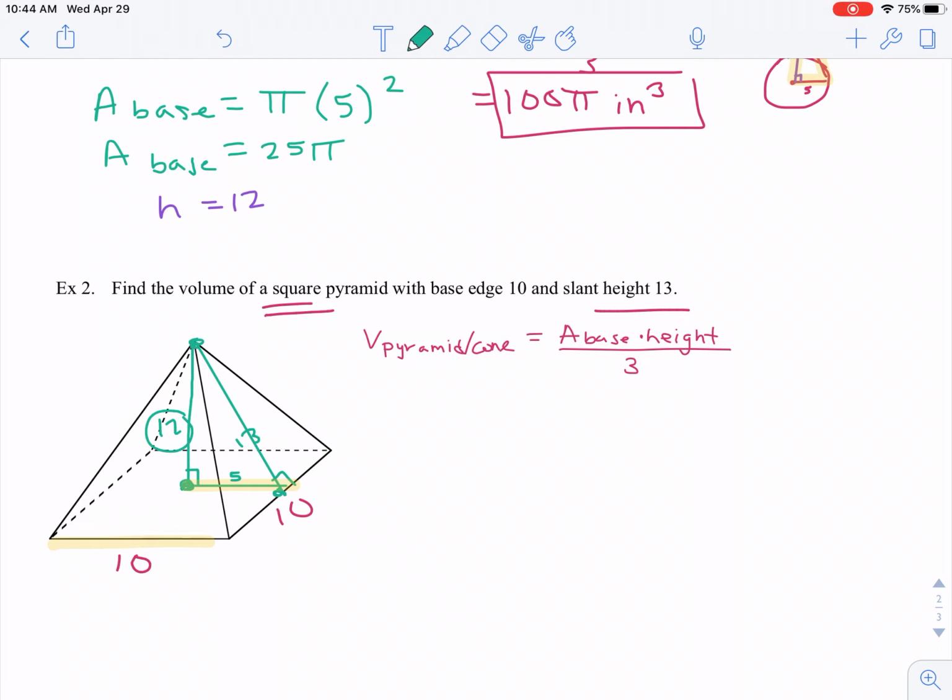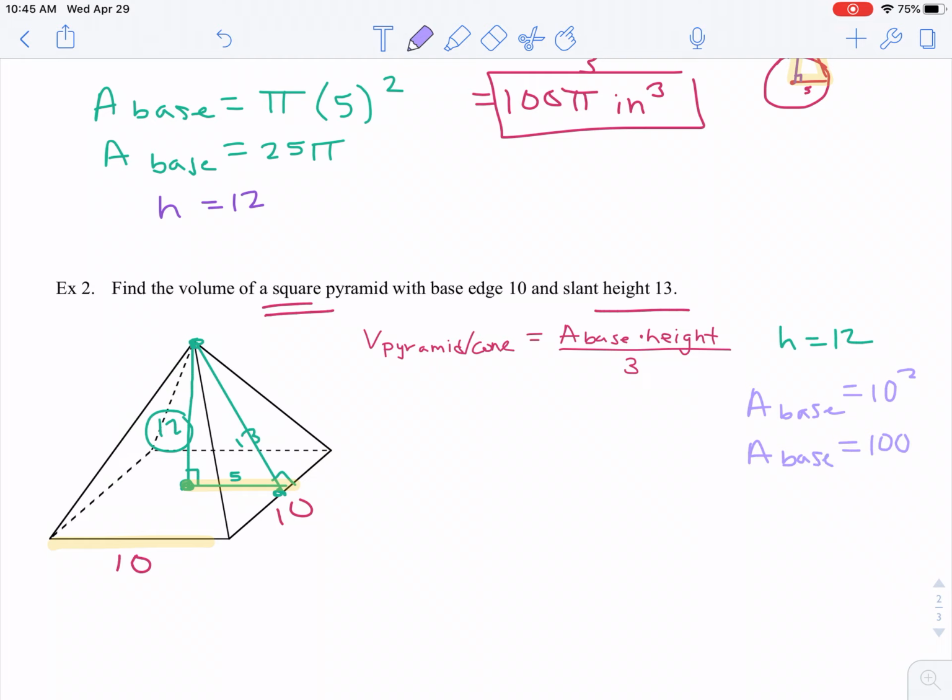So that allows us to find that the height is 12. That height, it always has to be perpendicular. And then the area of the base, it's a square base, it says, right? So that's side squared, or base times height, which is 10 squared, which is going to be 100.